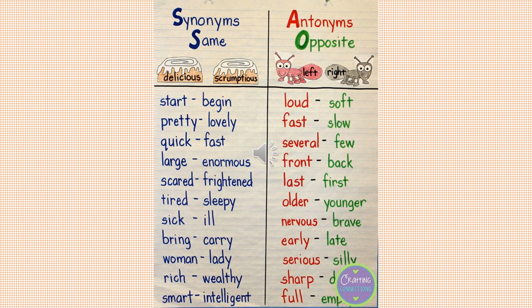And then you have for synonyms: start, begin; pretty, lovely; quiet, fast; large, enormous; scared, frightened; tired, sleepy; sick, ill. And you continue with the rest of the words that you have there.